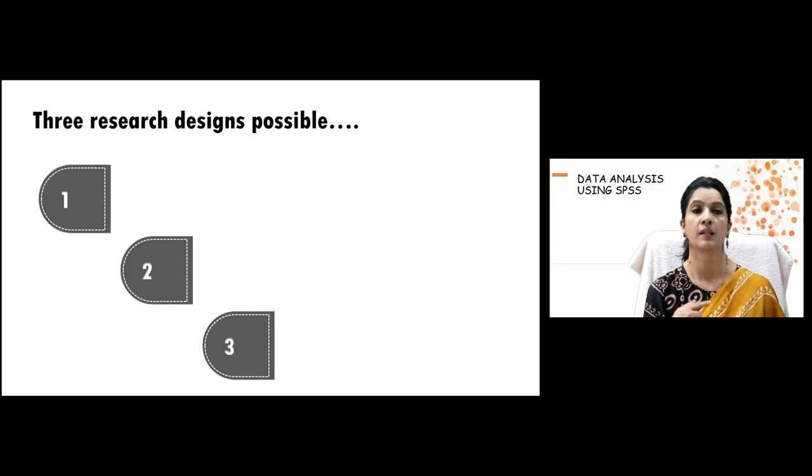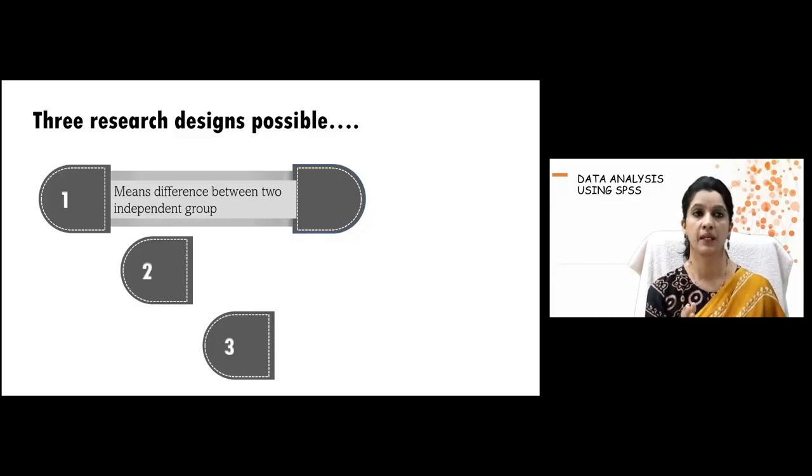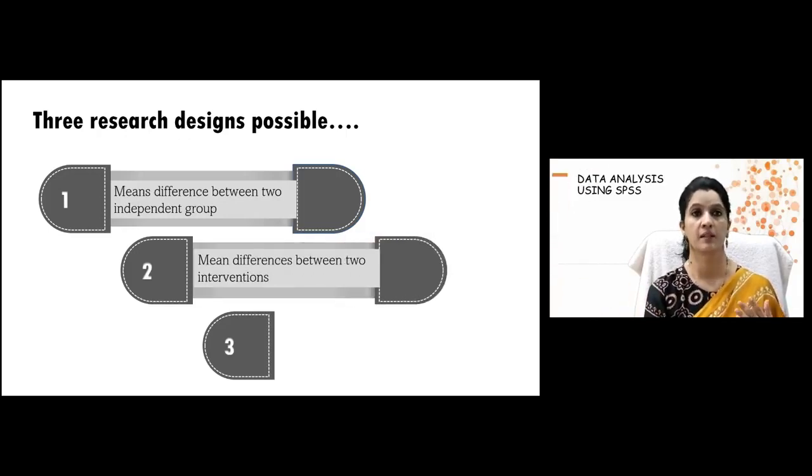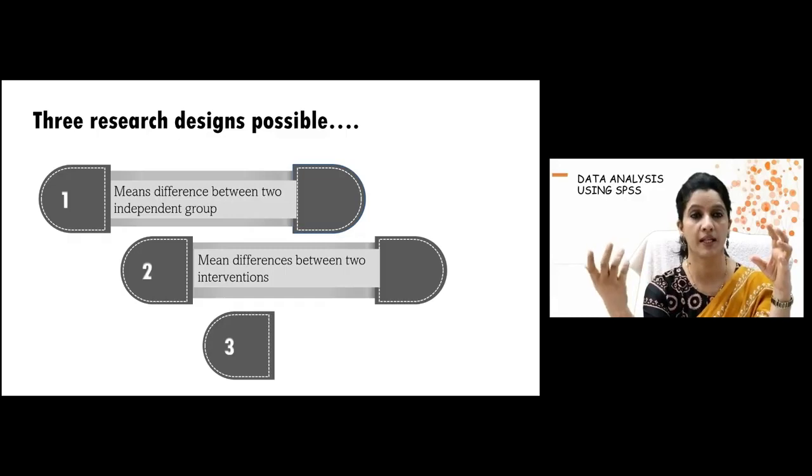So now there are three research designs which are possible. Like the mean difference between two independent groups, as we have seen in the various research questions in the beginning. The second could be the mean difference between two interventions. That also we can test. That means if you are doing an RCT and your outcome is a mean, like the change in systolic blood pressure, if you want to study the effect of adding a drug on hypertension, you may take two groups.